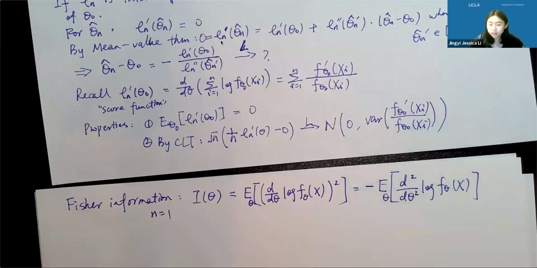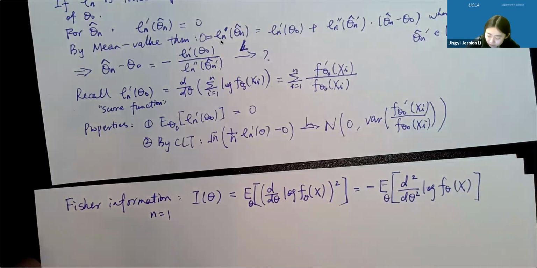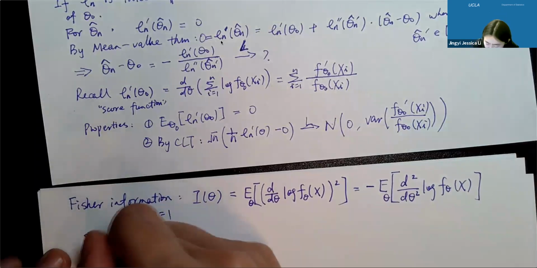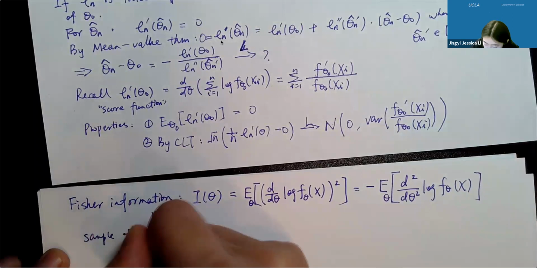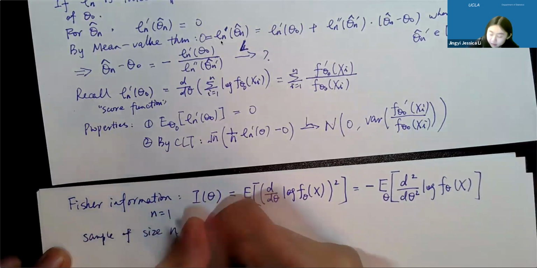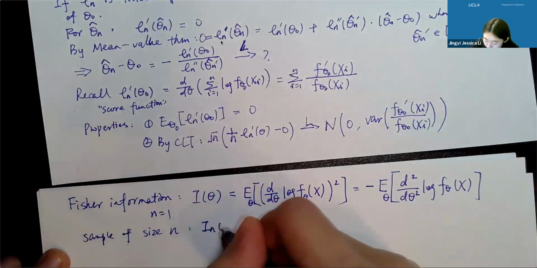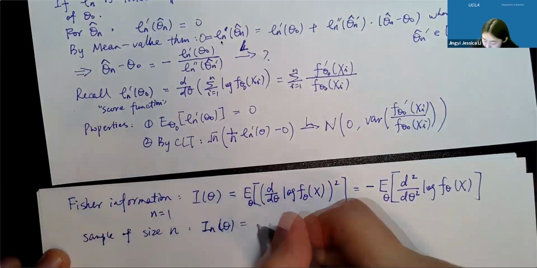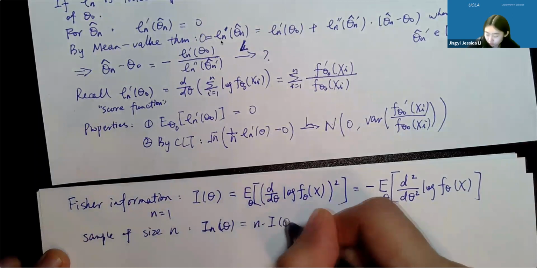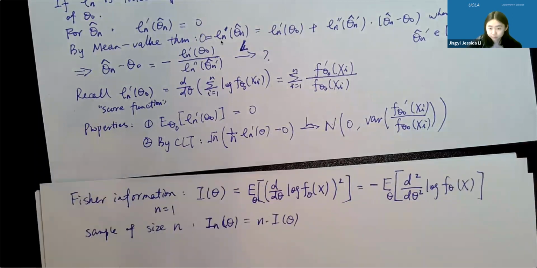Either way, this is how we can define the Fisher information. And if we have a sample of size n, then the Fisher information for the sample would be n times the Fisher information with just one random variable. That's a result.